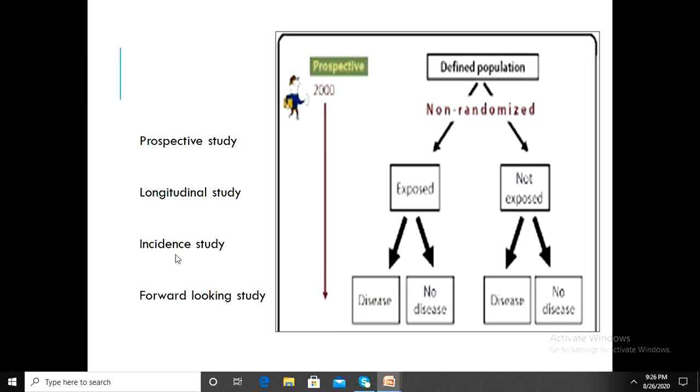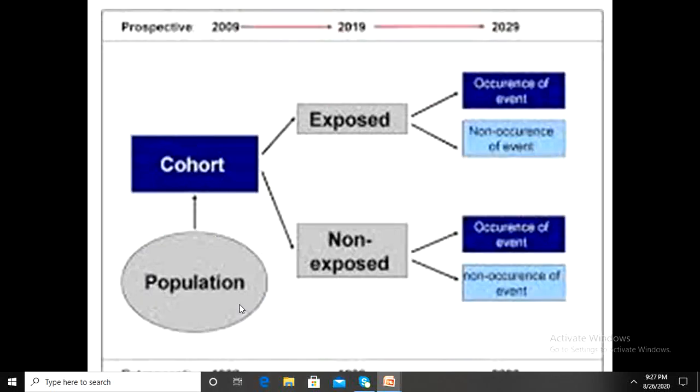So these are known as incidence studies. And again, as they are prospective studies, the researcher moves forward in time, so they are also known as forward-looking studies. Any name can be used by a researcher to describe the study design, but the most important name which is used in the epidemiological classification is cohort studies.